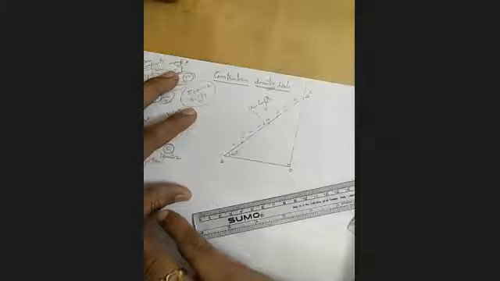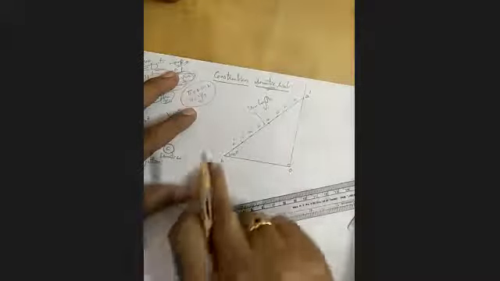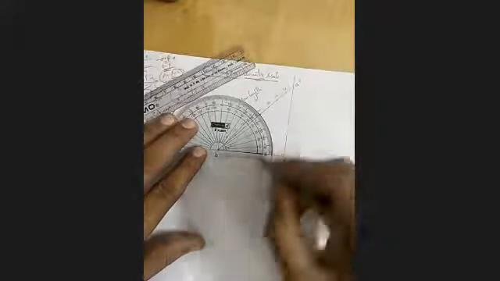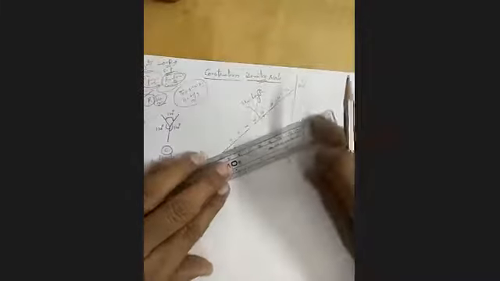Agree? Now, how much do I want? I want 30 degrees. I will take 30. 10, 20, 30. I will draw the 30-degree line.